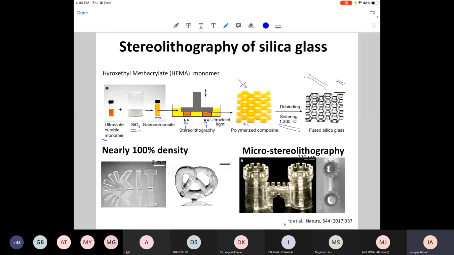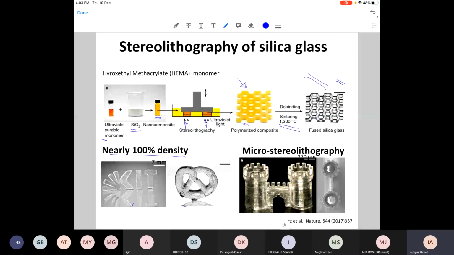And the same group has been able to produce nearly 100% dense parts. The reason glasses can be made 100% dense is because they become viscous, you know. So these are some examples of the many complex shapes that that particular group at Karlsruhe Institute of Technology were able to build using stereolithography.